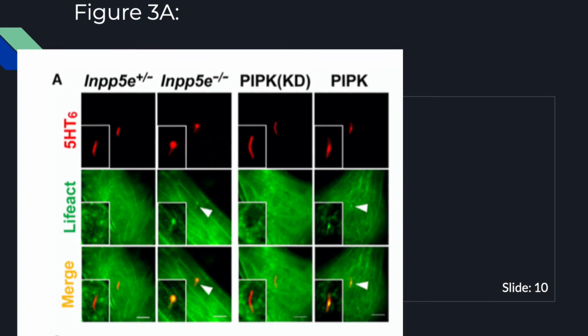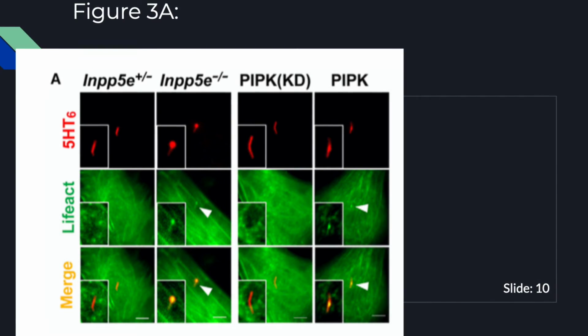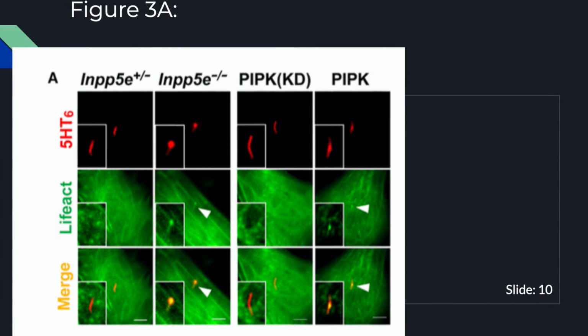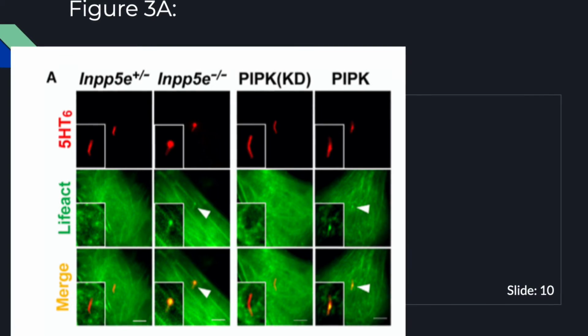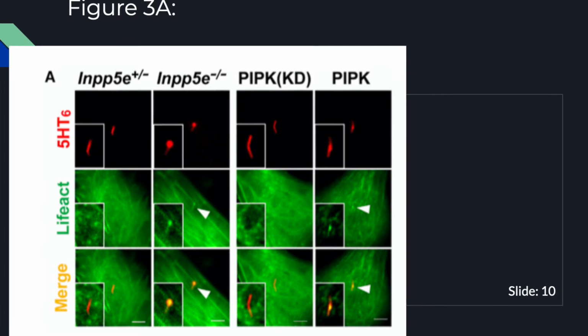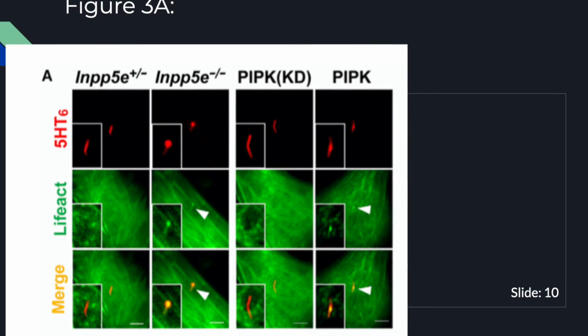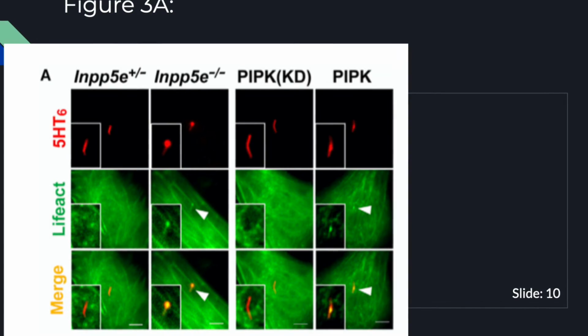So we know that PI4 could affect ciliary localization of actin regulators. So the researchers looked at how F-actin was involved in all this, especially with primary cilia of INPP5E positive and negative MEFs.